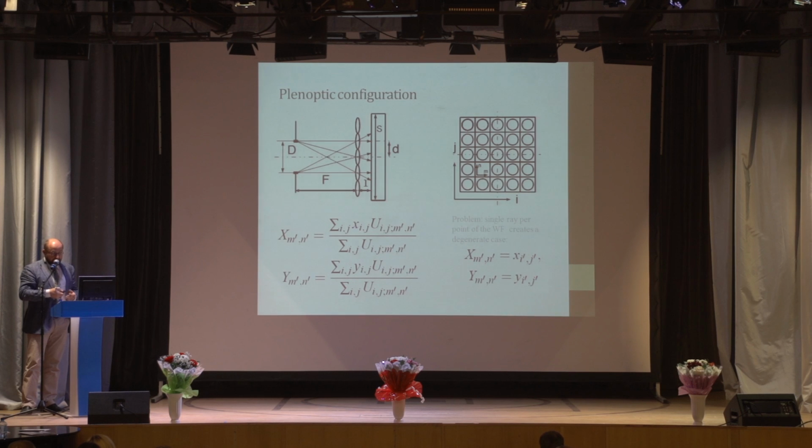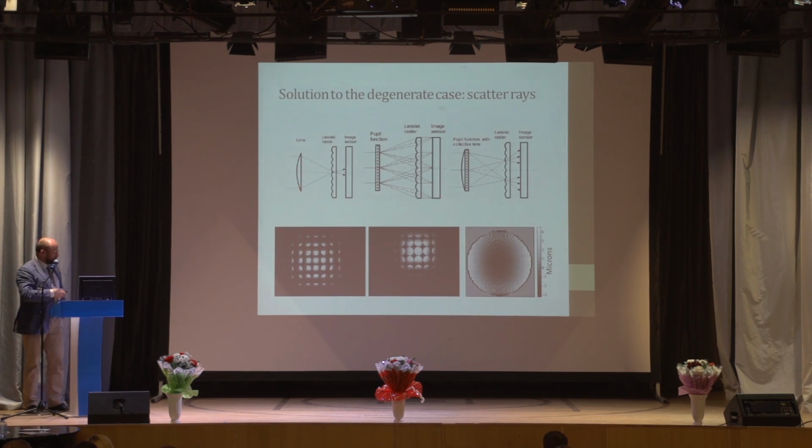And then you can very simply solve this by placing a scattering element in the pupil, like here. In this case, you have a single ray coming to the pupil, and this ray is scattered to many directions.